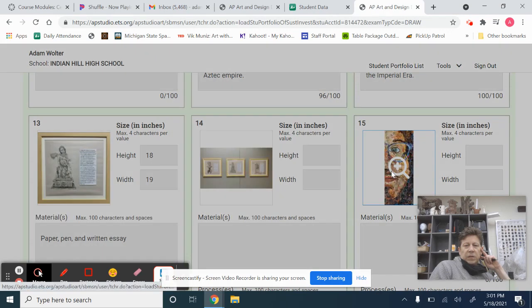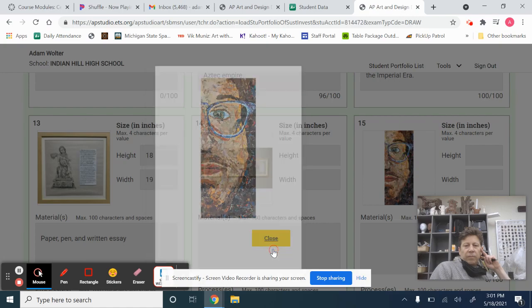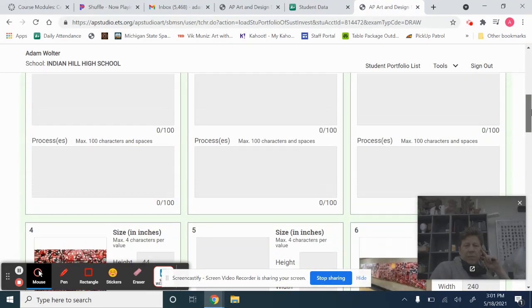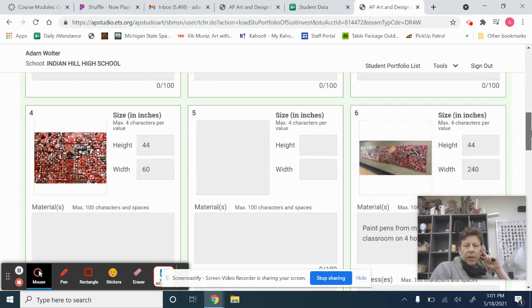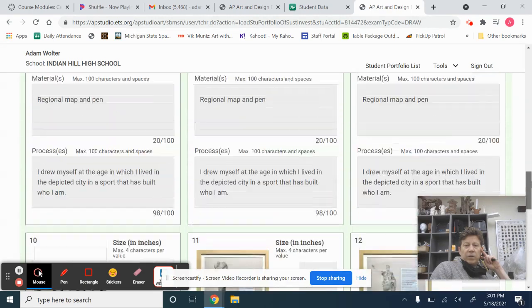So his final piece is this collage that's from images that he picked from books that he tore up and recreated himself. So he's just missing one image there, and I'm not sure what that image is going to be. But what we've got here looks very good so far.